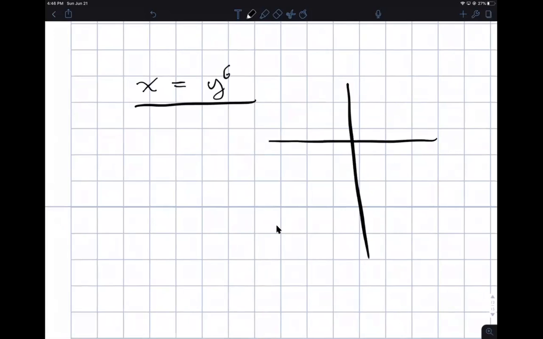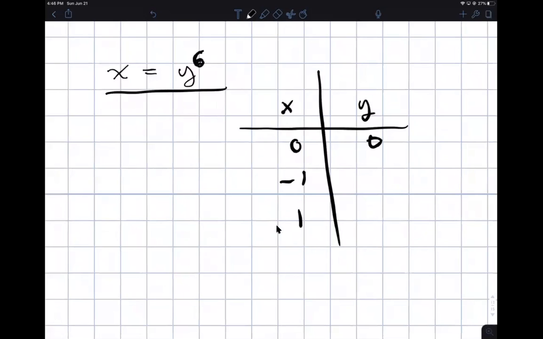This is x, this is y: 0, -1, and then 1. So tell me what y would be. I put zeros: x is 0 and y is 0, and x is 1. So 1 would just be 1. So x is -1 and y would be -1 as well. Y would be 1 if it's an even power. Right, and it would be the same for y.